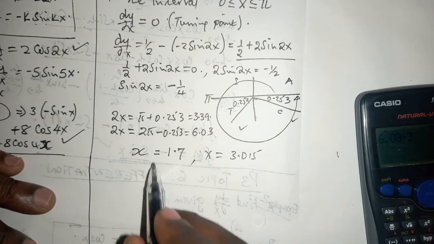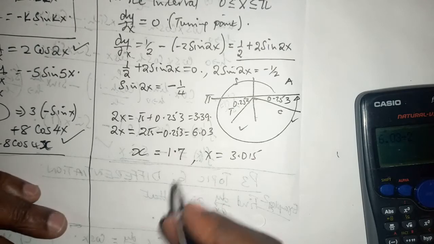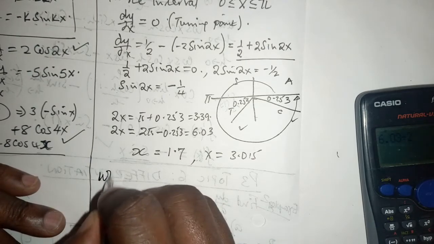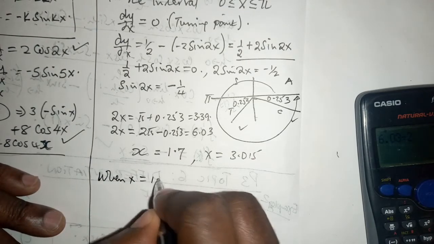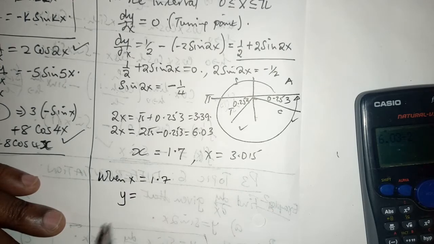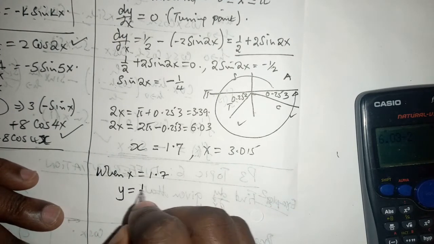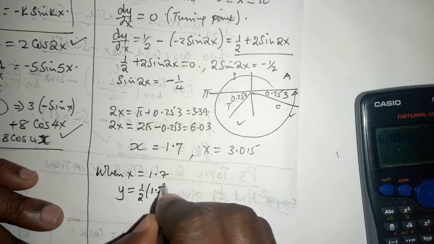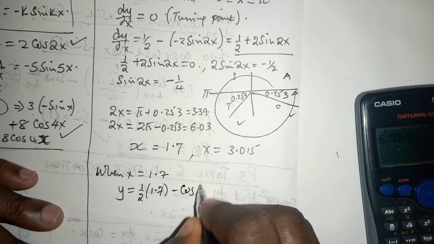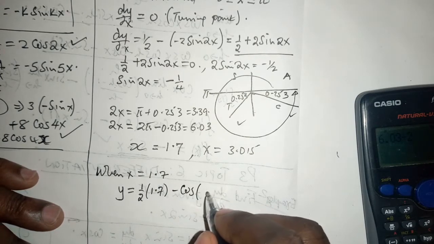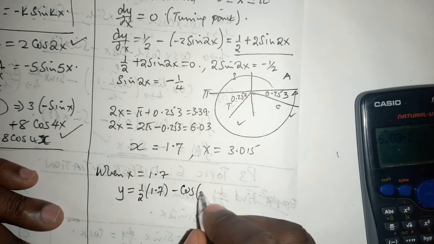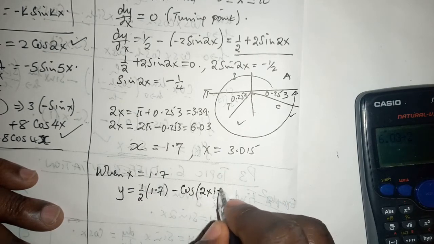So we have to substitute this in the original function. When x equals 1.7, y equals a half times 1.7 minus the cosine of 2 times 1.7.